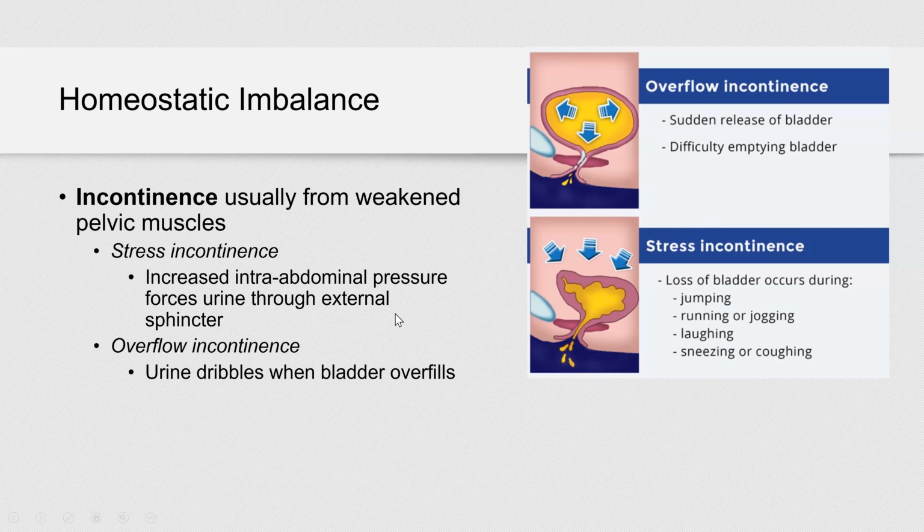because the bladder overfills, right? Urine dribbles when the bladder overfills, and it might even cause a sudden release. Overflow incontinence can be a result of difficulties emptying the bladder.